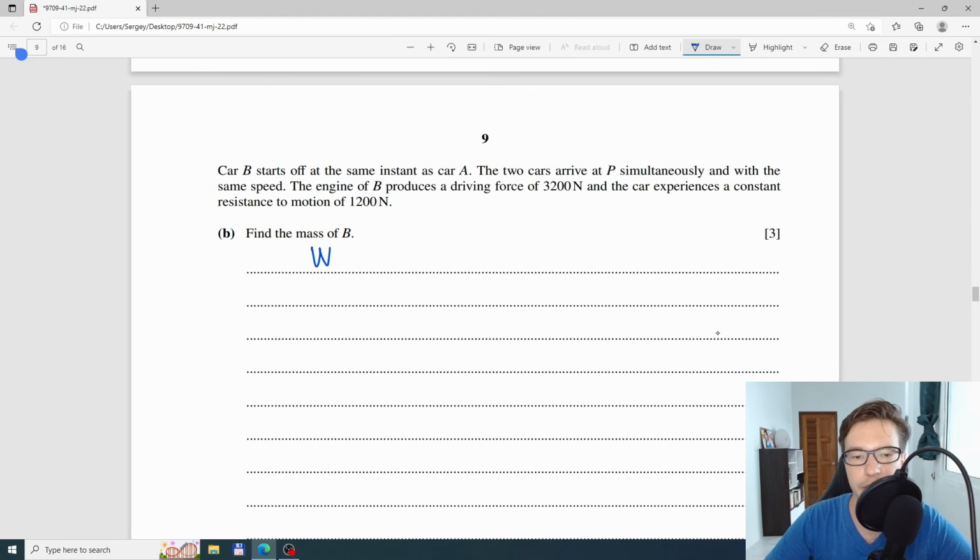So the work done by the engine, or technically the work done by the driving force of the engine, is going to be equal to the work done against resistance plus the increase of kinetic energy.